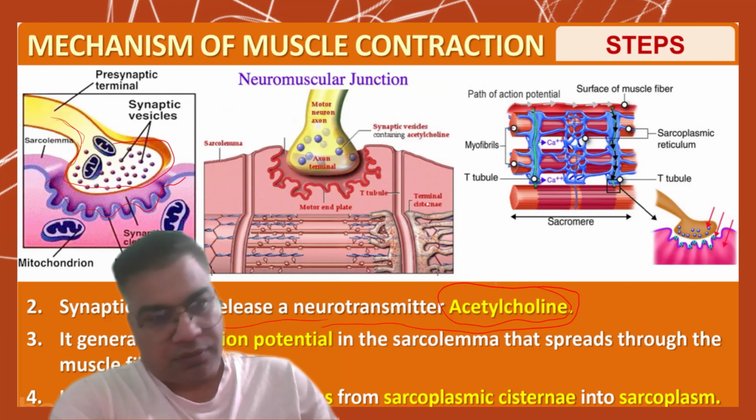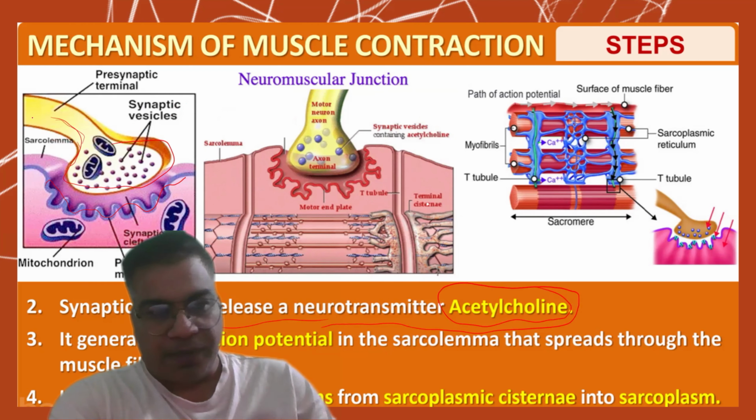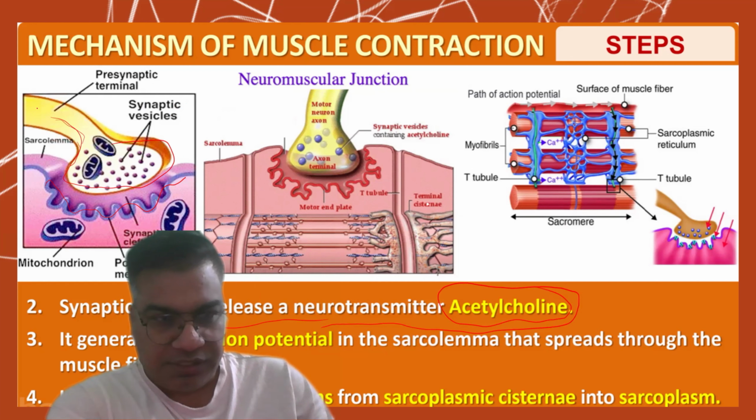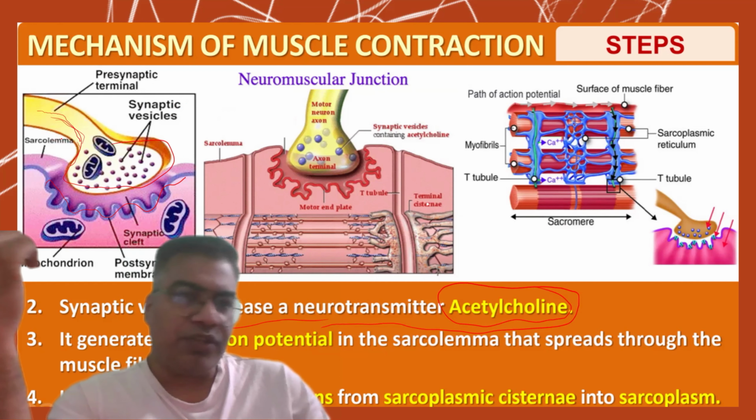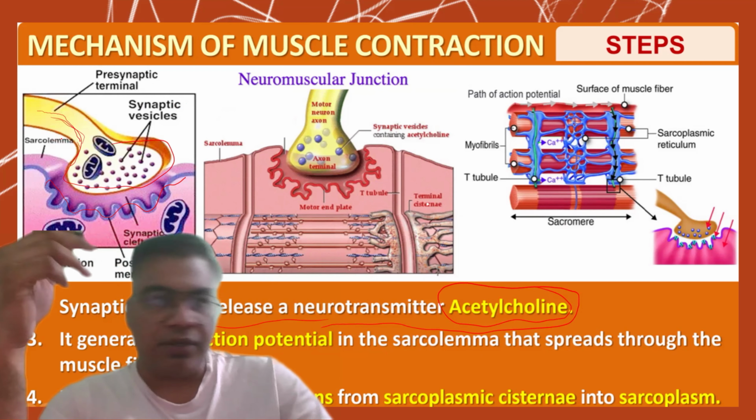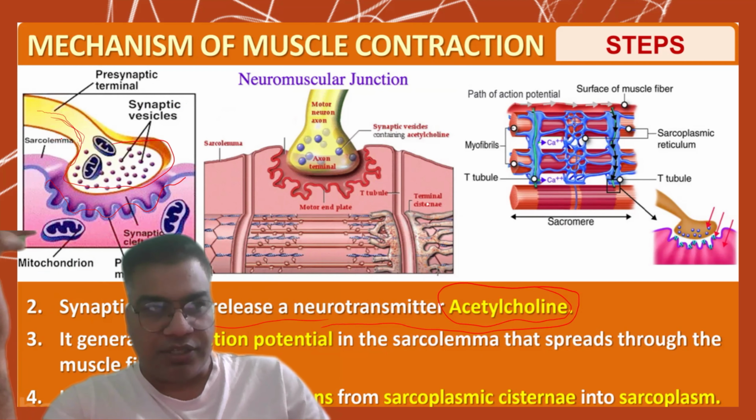In very simple language, an action potential is traveling from the nerve cells. What is an action potential? It is electrical changes across the membrane.